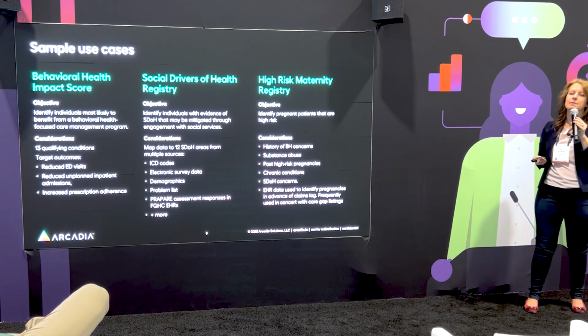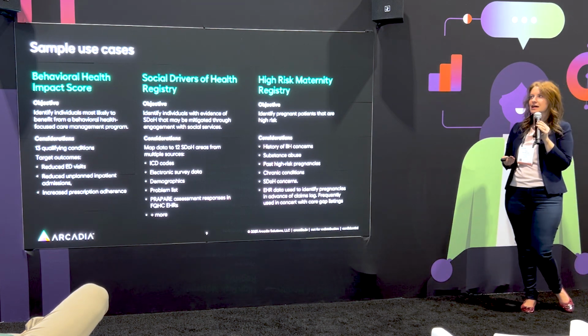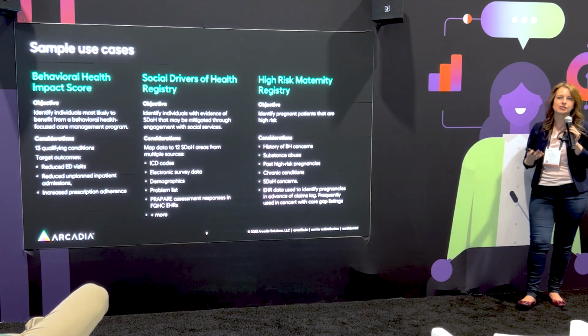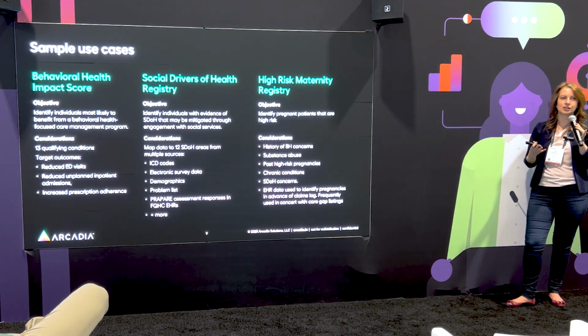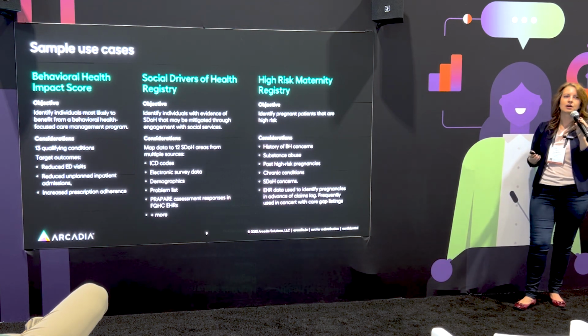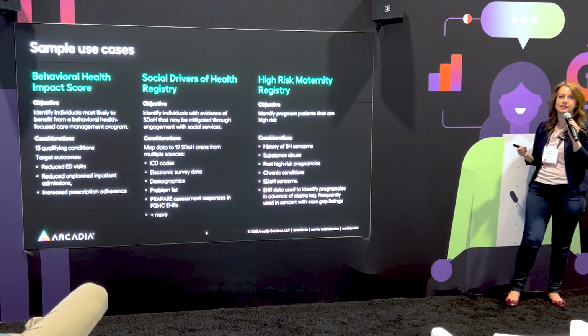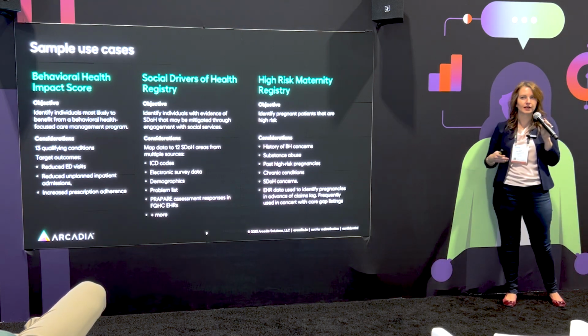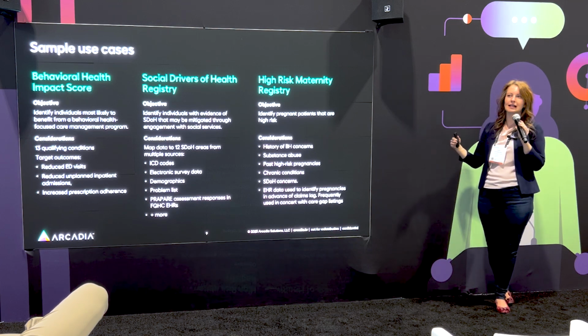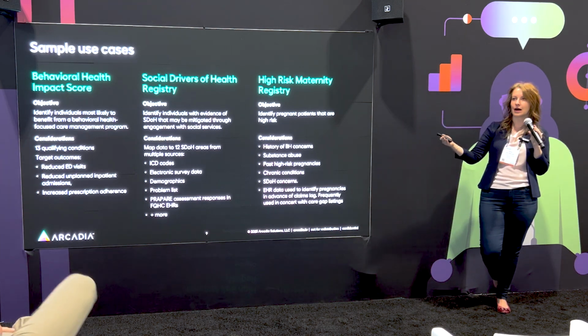We recently worked with a Medicaid accountable care organization in Massachusetts to build out a behavioral health impact score. This looks at patients with chronic conditions and behavioral health challenges to understand where historically patients who receive behavioral health interventions have had improved outcomes on both the behavioral health fronts as well as their traditional medical outcomes.